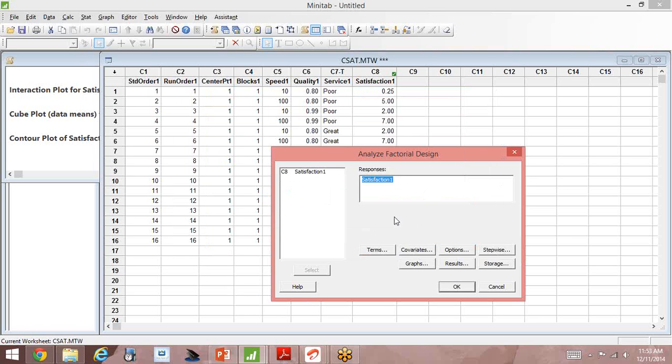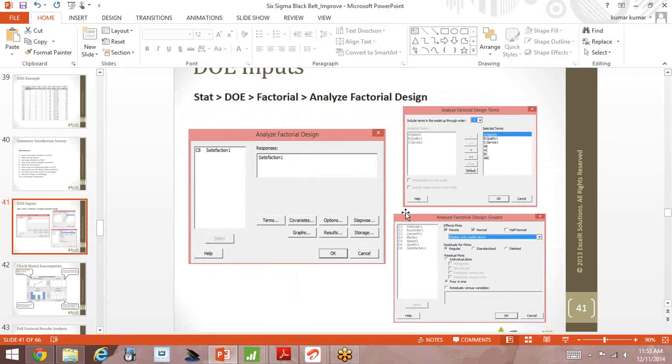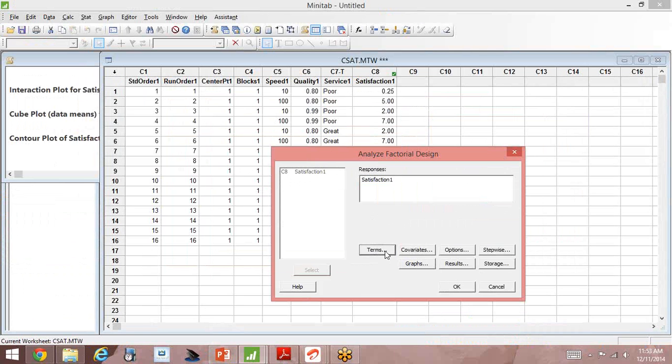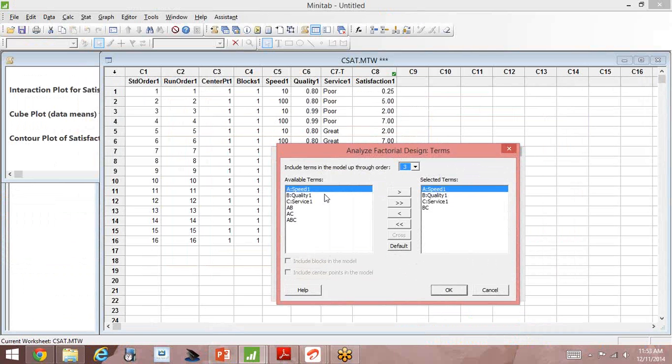Once we have the satisfaction, we need to look into the other things. For example, we need to look into the various terms that we are using, right? And then we need to look into the various graphs. So let me take you there. Terms. Let me select everything.